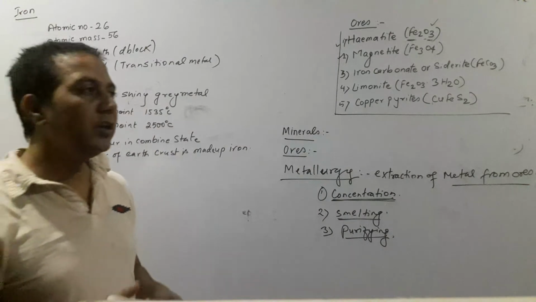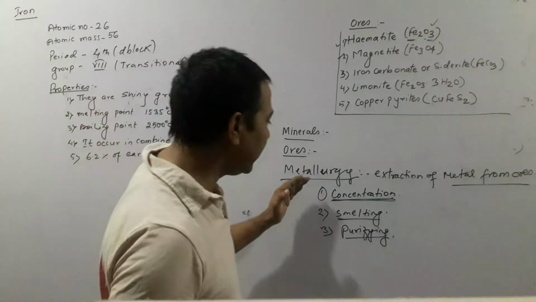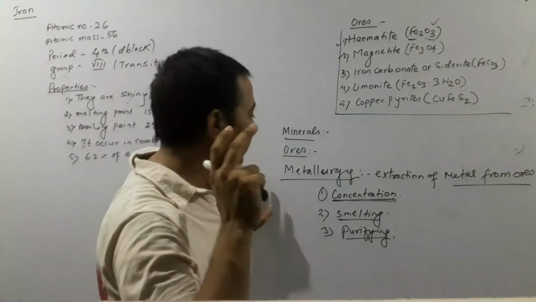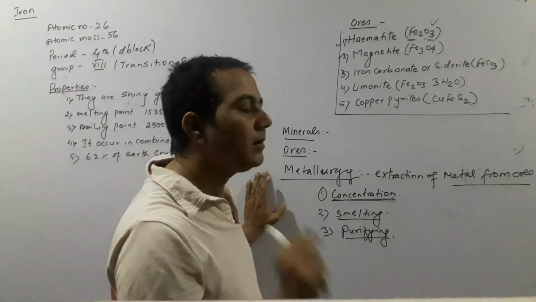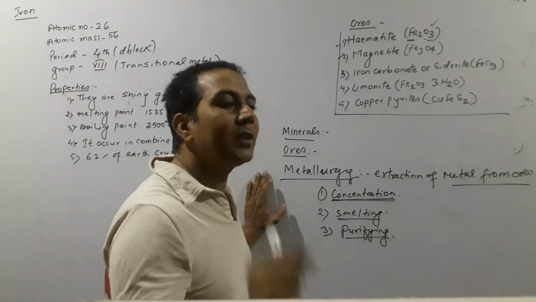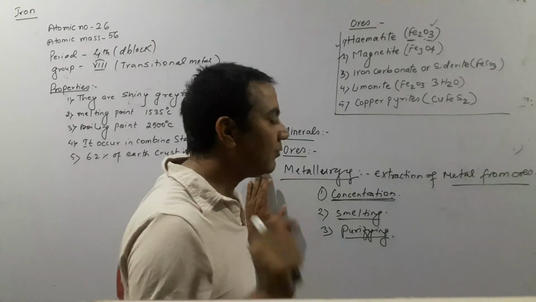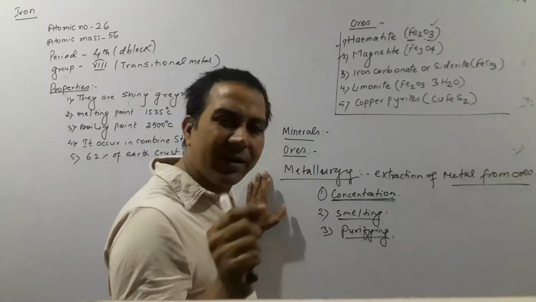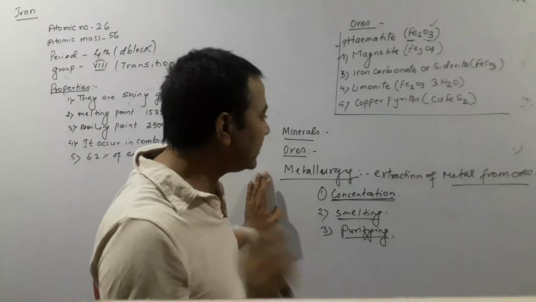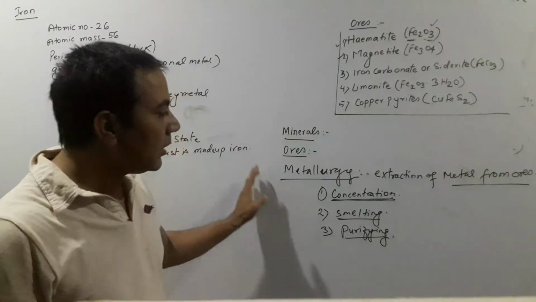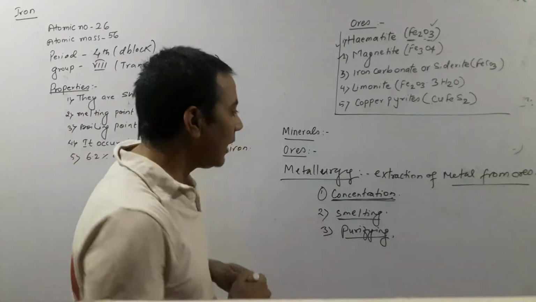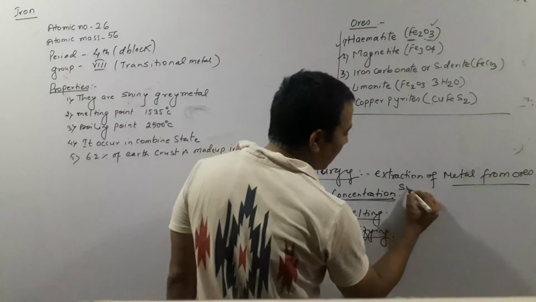We do not need to study all the processes in detail, but we should build up a concept that metallurgy is the process of separation of metal from the ores. Then it has sub-processes.